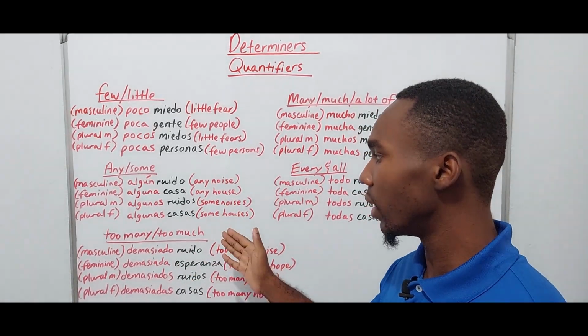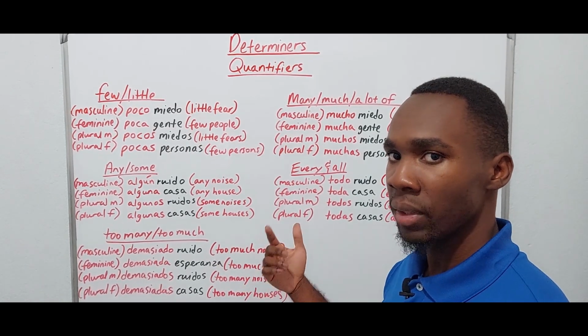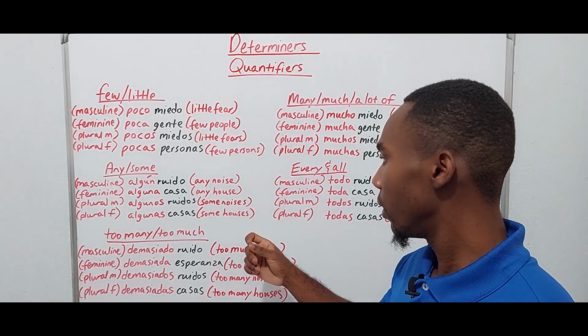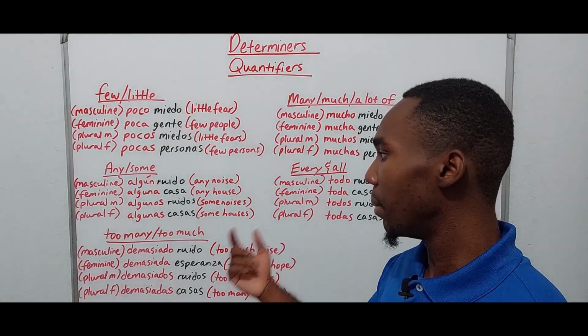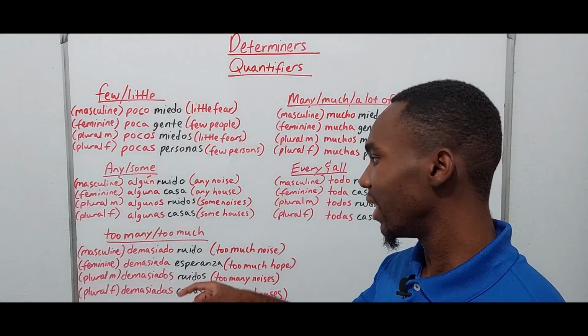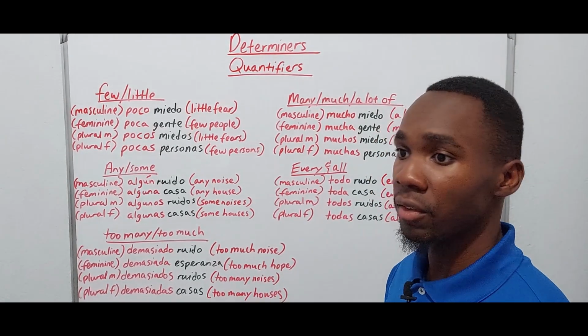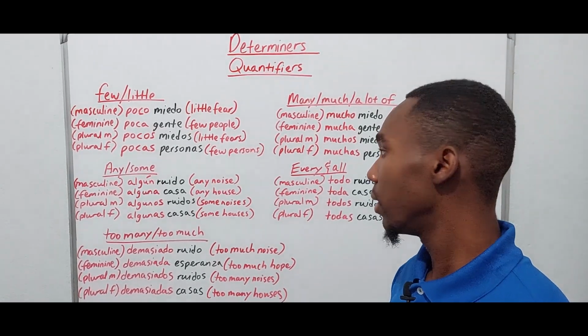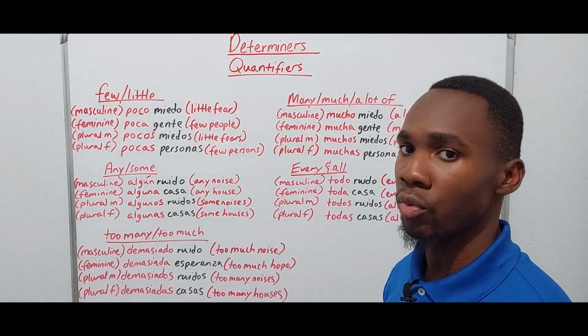Too many or too much would be demasiado. Demasiado would be masculine singular. Demasiado ruido, too much noise. Demasiada esperanza, too much hope. Demasiados ruidos, too many noises, because obviously if it's plural now it has to be many. And demasiadas casas, too many houses.